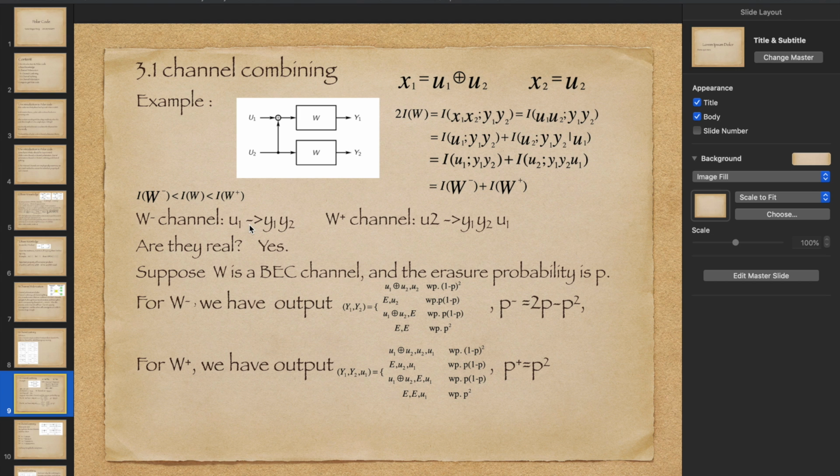And we know that P is in the range of 0 to 1. And we can get that P plus is always less than or equal to P minus, which means that if we have less erasure probability, we can get more certainty of the output.